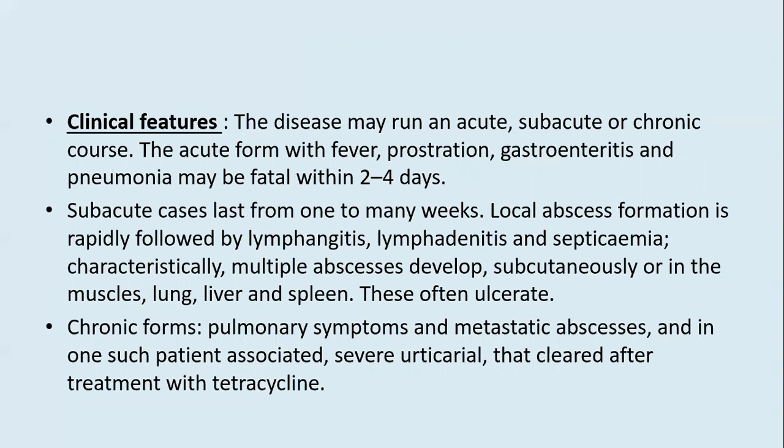There can be multiple abscesses subcutaneously or in muscle, lung, liver, and spleen, which often ulcerate. The chronic forms include pulmonary symptoms and metastatic abscesses, and are usually treated with tetracyclines.